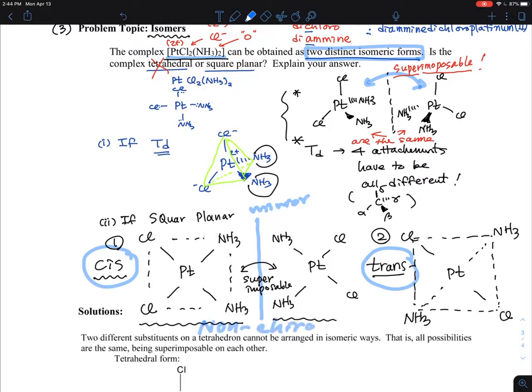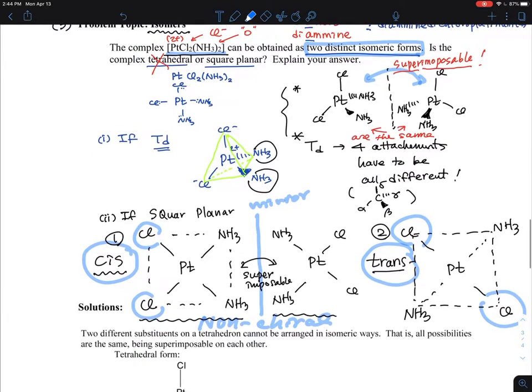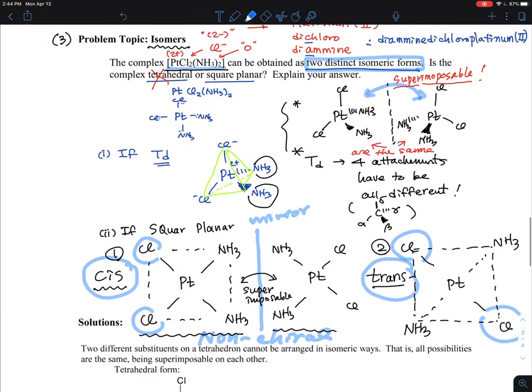And so they can form these cis and trans isomers, although they are non-chiral. Depending on the location, they are on the same side, or they can be on the opposite side. And so these are the ones that can form these isomers. Okay, so they can form cis and trans isomers.